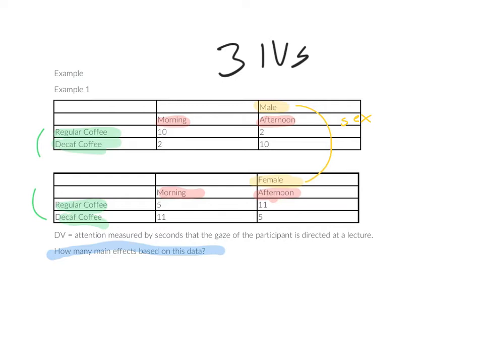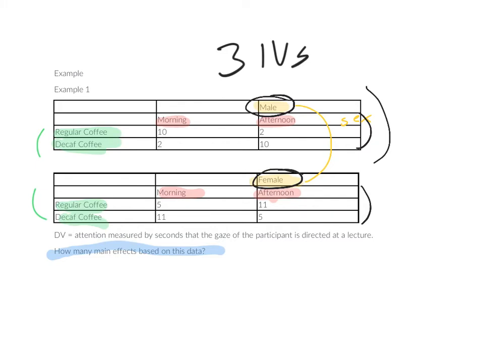So there's no way to display this information like we did before with 2 IVs. We actually have to recreate the same table. So you can see here, essentially it's the same table, right? The only difference is now we have one table for male participants and one for female participants.